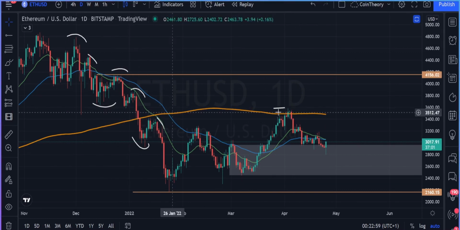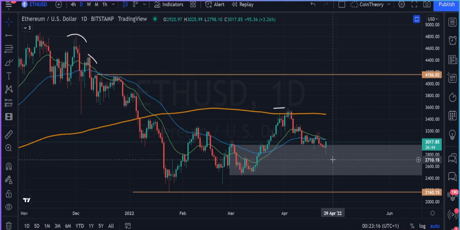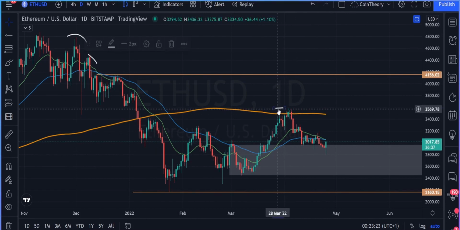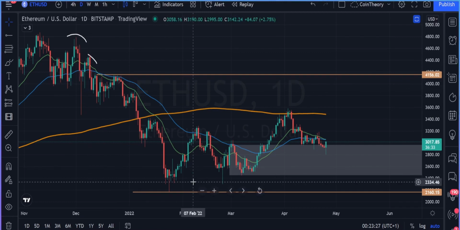That tells you that these sellers are no longer around, they're done. It doesn't mean that the price is going to continue rallying up, but it just means that if there's going to be any new selling, then we've got to see a setup for that. It's not a continuation of this structure here.